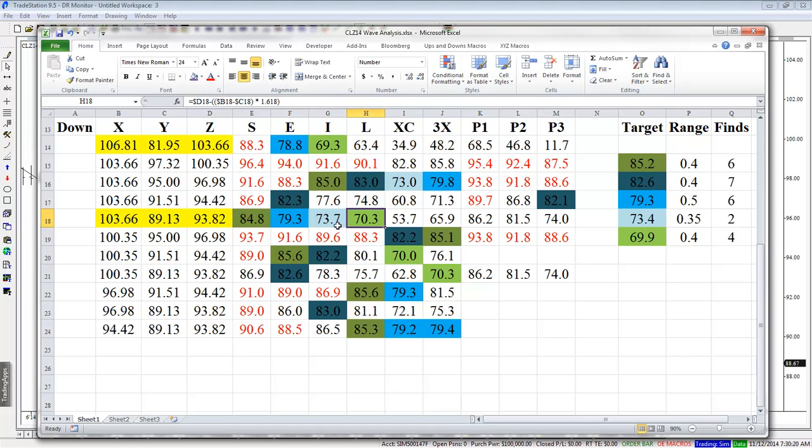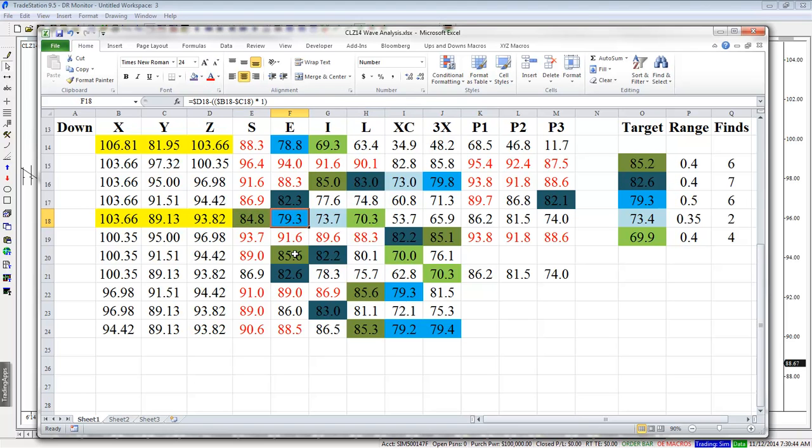Why? Because that is the 1.618 projection for our largest wave down from 103.66, and the 1.382 projection for the wave down from 106.81. All right, so I can look at this market and say it's very likely that it's going to test 85.20.